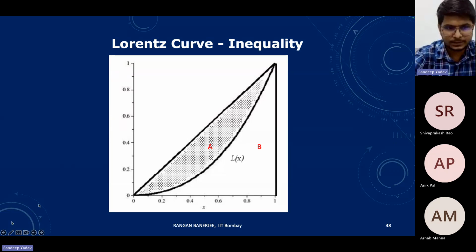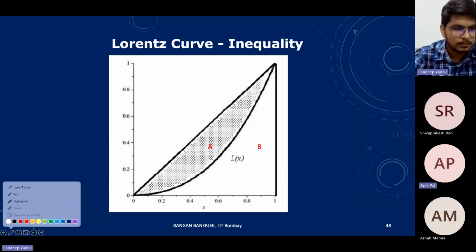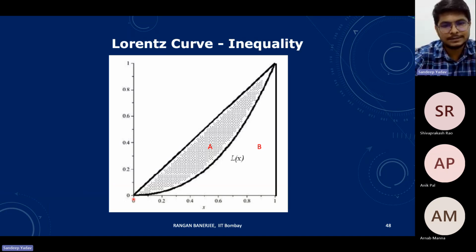I think you can see my screen. Yes, sir. Yeah, the Lorenz curve varies from 0 to 1 only.